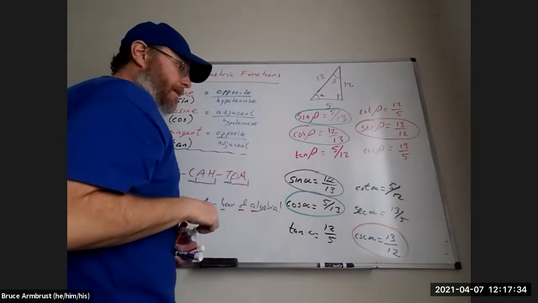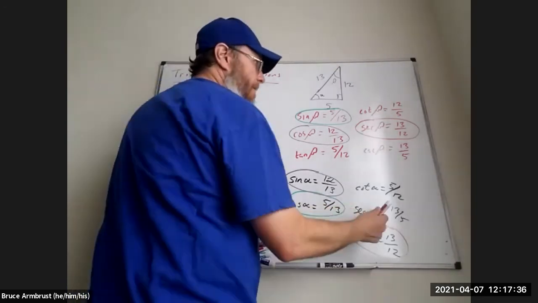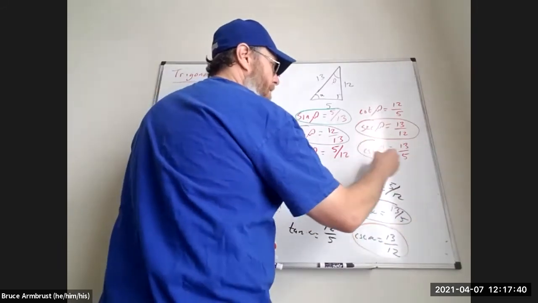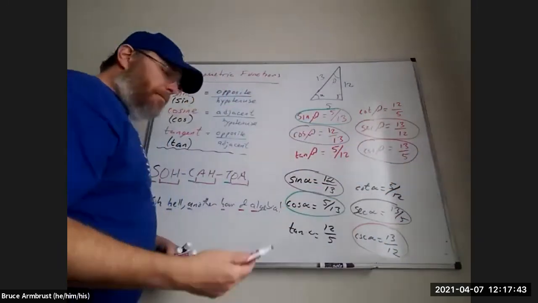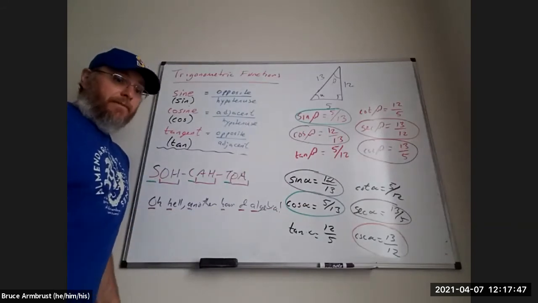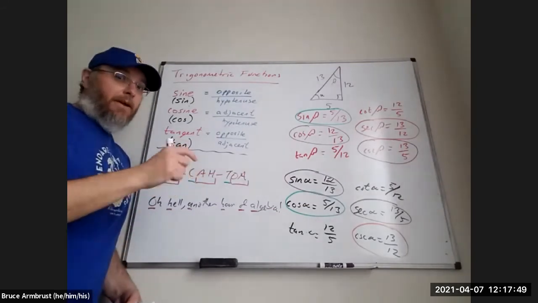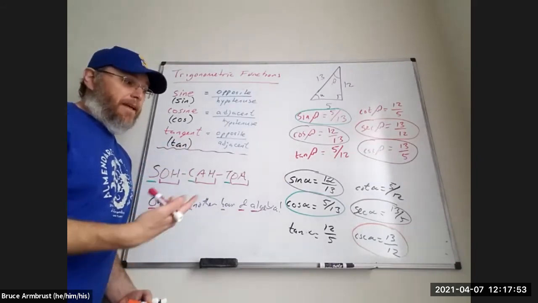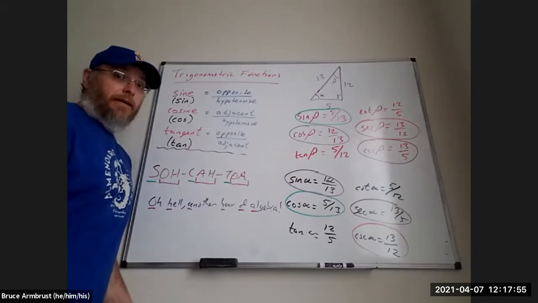And we had that the secant of alpha and the cosecant of beta were the same. But that shouldn't surprise you, because if they come from just flipping over sine and cosine, which do the swap, then secant and cosecant should as well.